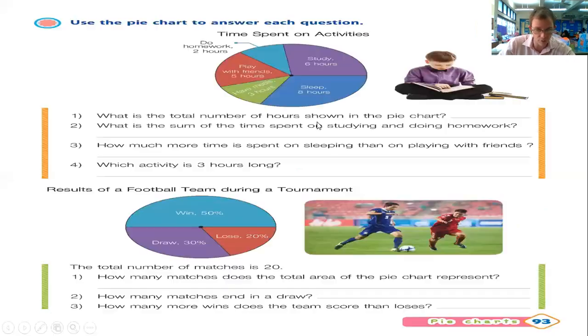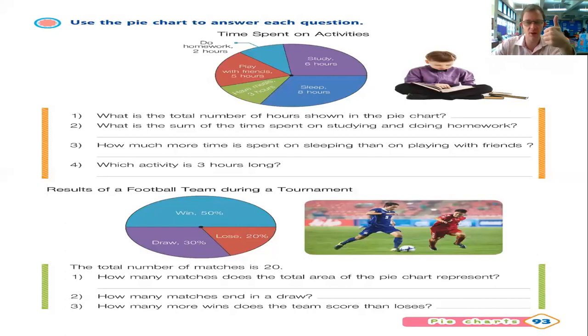Okay, so matching the draw, they said 6 matches. How many more wins does the team score than losses? Now we have to compare wins and losses. What do you think is that answer? So firstly, we have to do 2 calculations.